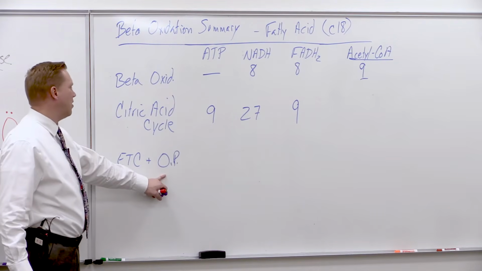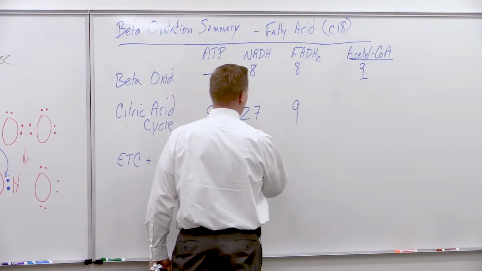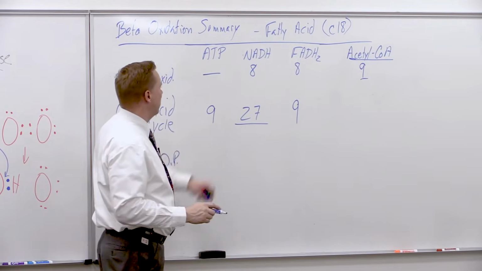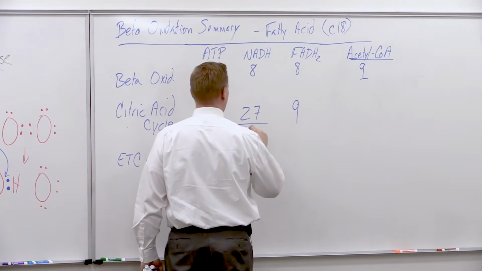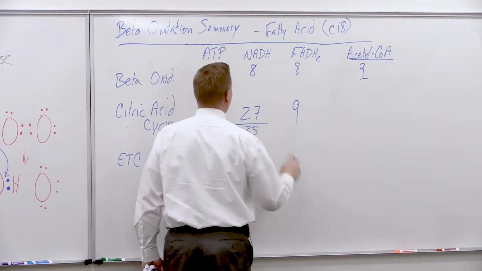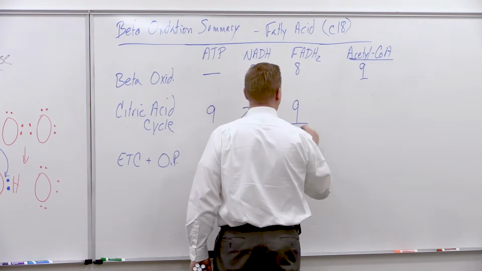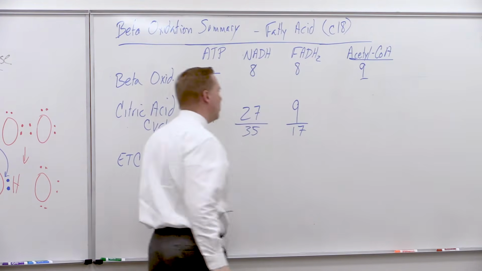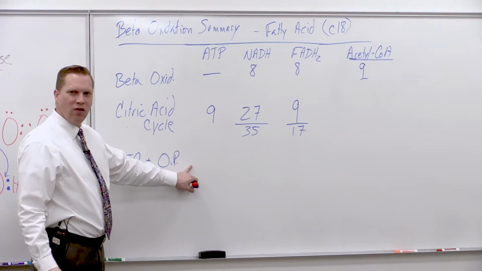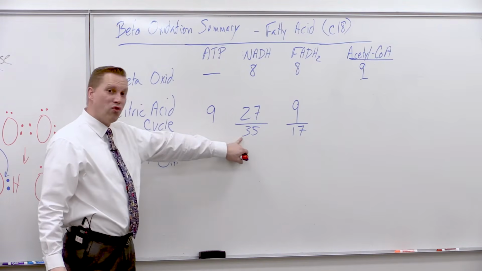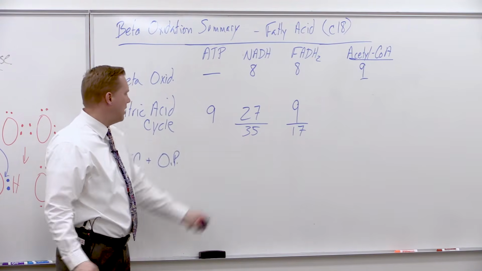Now we come down here to the electron transport chain. I have to add these up. So 8 plus 27 is going to be 35 NADHs. I've got 8 and 9, so I'm going to get 17 total FADH2s. So now when I run these through the electron transport chain, I get 3 ATPs for every NADH.